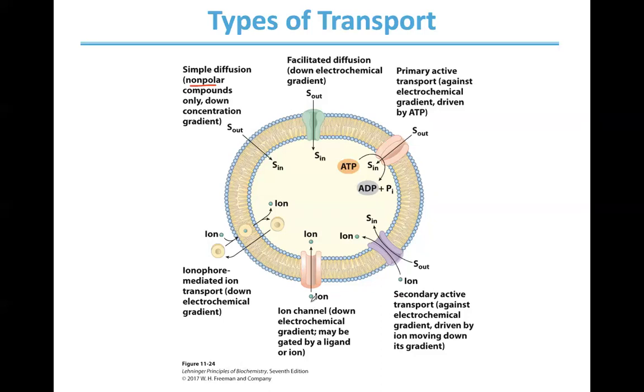It will allow the ion to move down the concentration gradient, from the outside to inside. And the last type of transport is ionophore-mediated ion transport, and that usually happens down the electrochemical gradient.